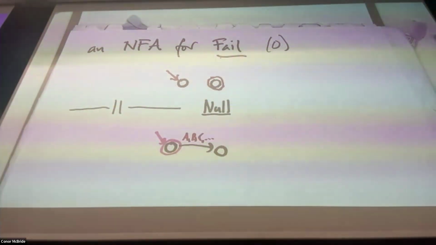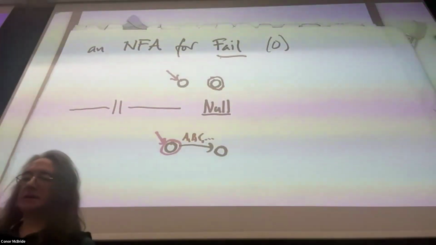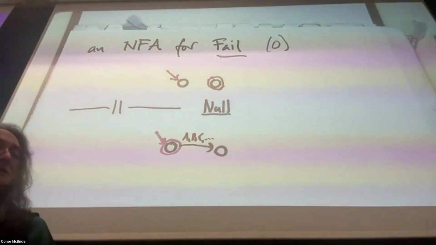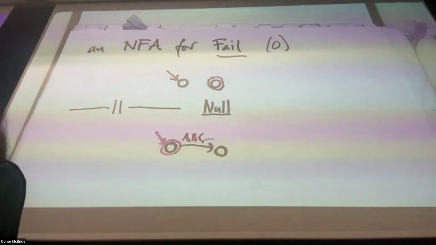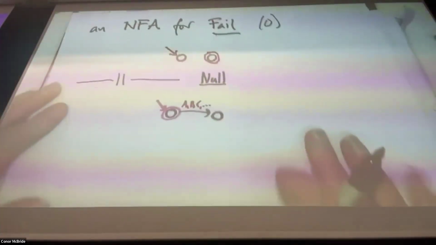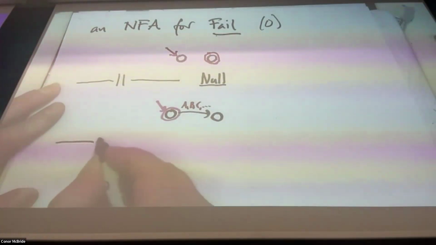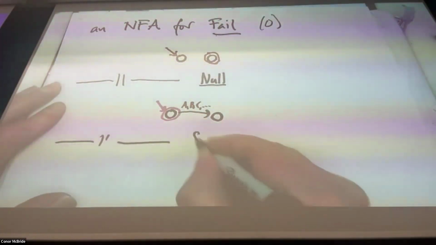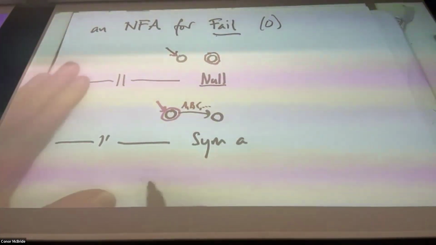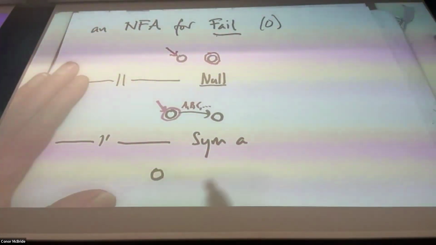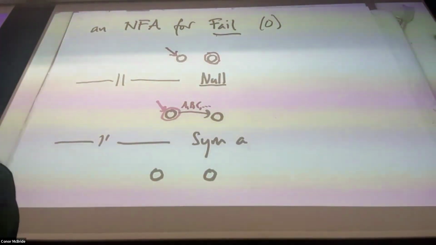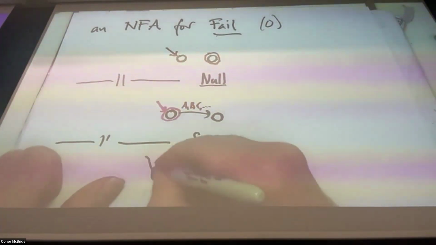I guess the next thing we need is an NFA for a single symbol. I think that can just about fit on the bottom of the page. You move the page up. Okay. Two states. One designated start state.